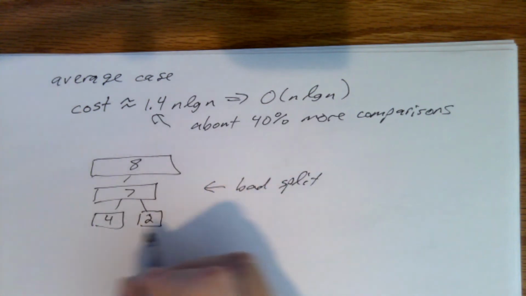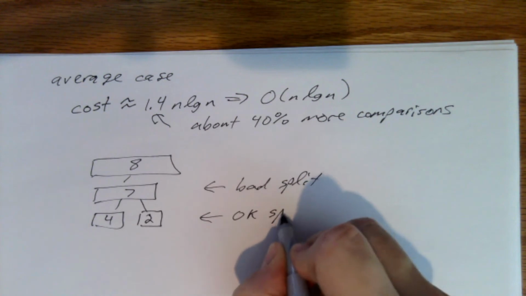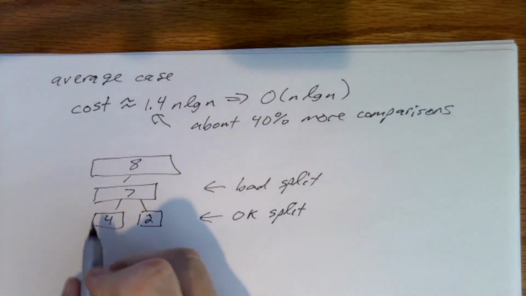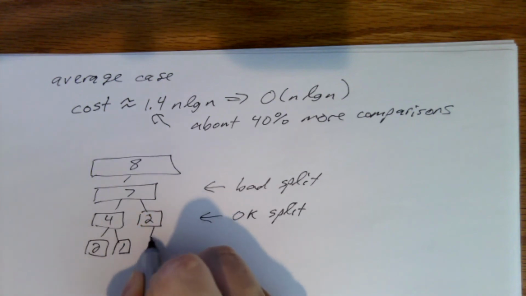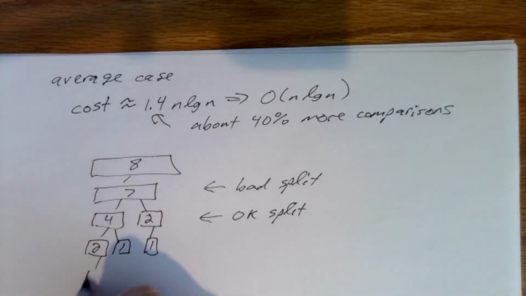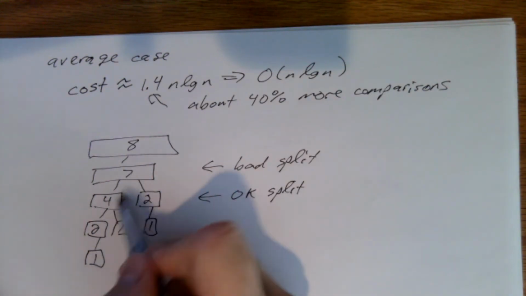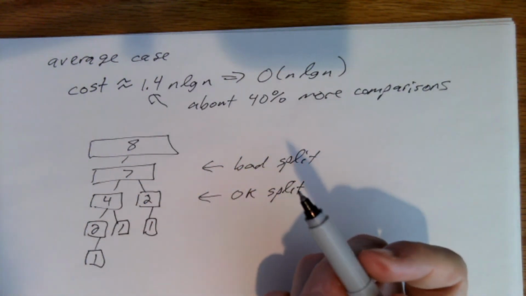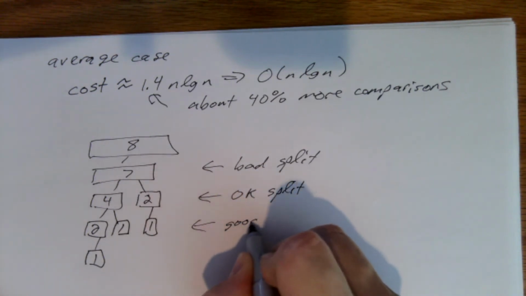Not quite as good as we might want, but it's not bad. Okay. Split. Pretty good. And let's say this one then becomes 2 and 1. And this just becomes 1. And then this has to become 1. So 1, 2, 3, well, it's 4 instead of the 3 we had before. So basically what happens is, and this is a good split for each of these.